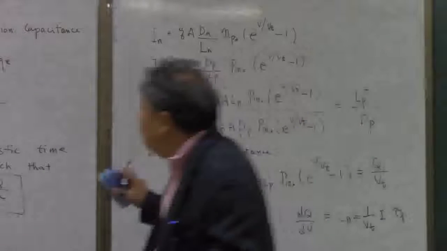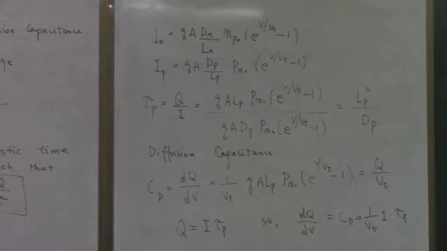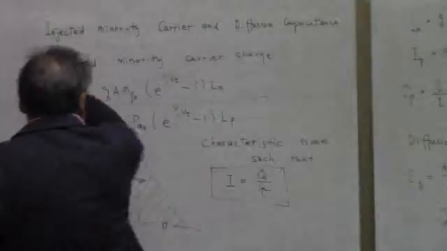So we have two capacitances, which are the space charge capacitance and this diffusion capacitance.